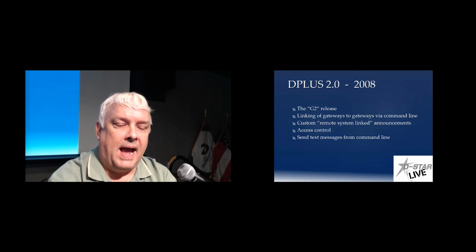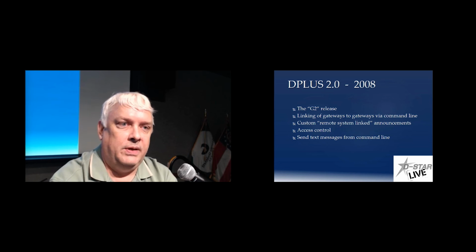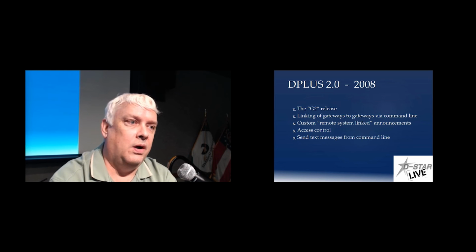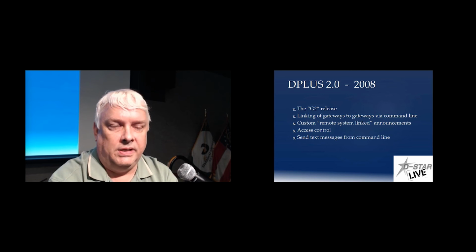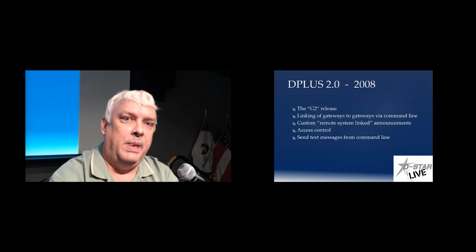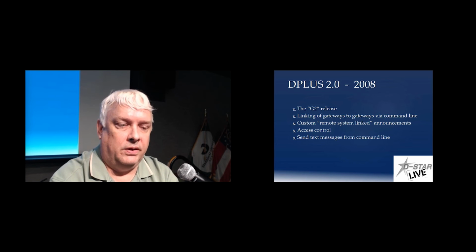It also added access control, so now repeater administrators could say, this person is a problem and we don't want them linking, or we're going to have a net Sunday night at 8 o'clock and we need to make sure that nobody tries to link in or connect into our repeater when we're running our club net on Sunday night. It gave you that functionality.